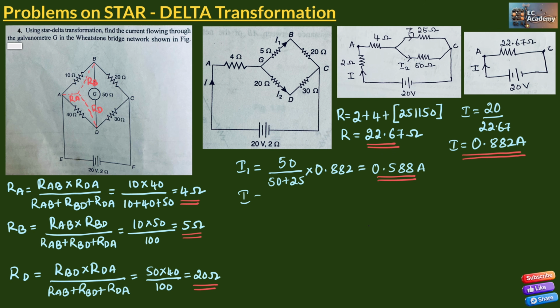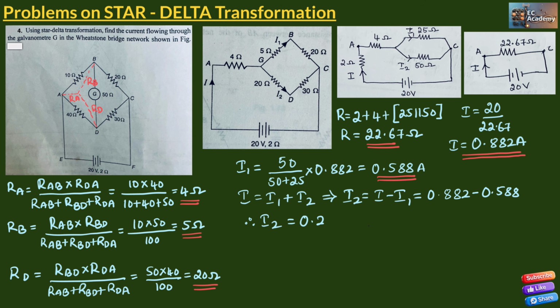Since I is equal to I1 plus I2, we can say I2 will be equal to I minus I1. So the value of I is 0.882 minus I1 is 0.588. Therefore, the current I2 will be equal to 0.294 amperes.